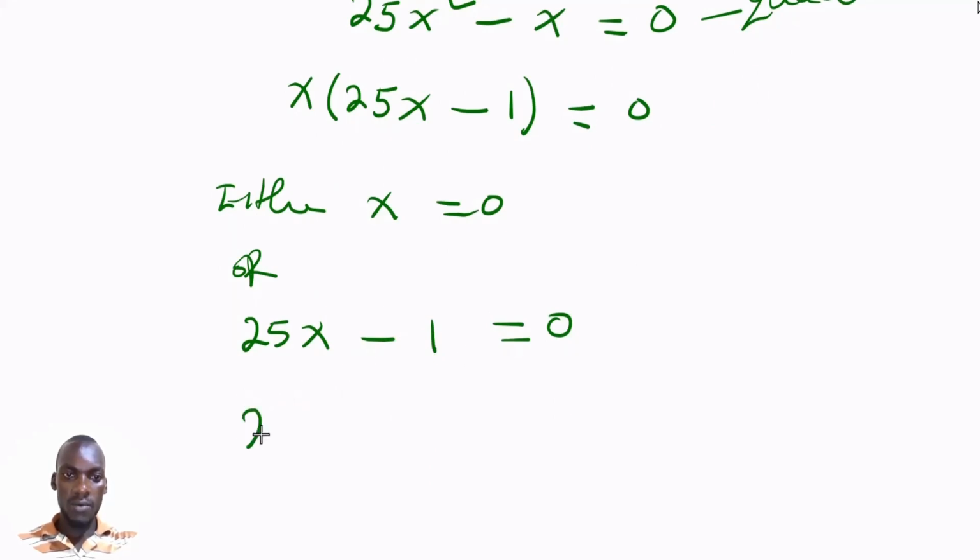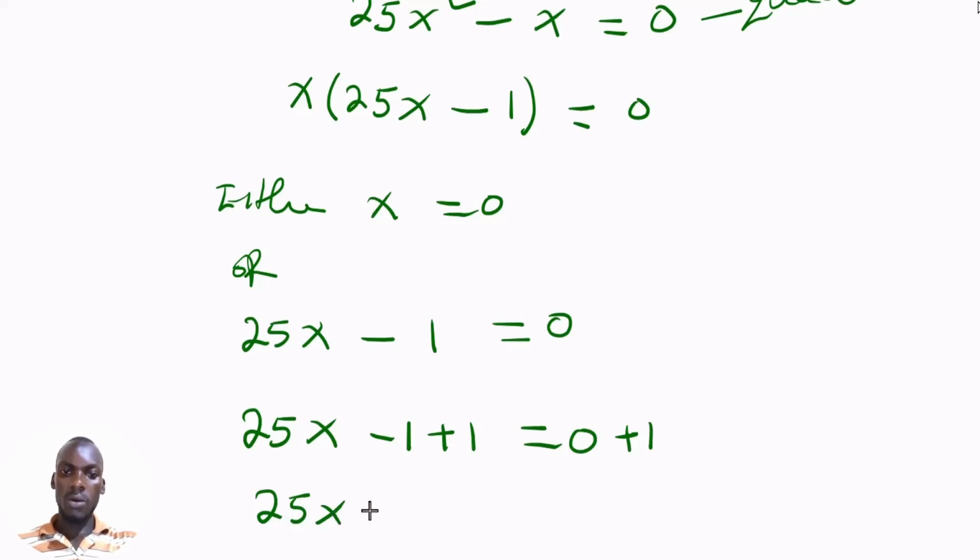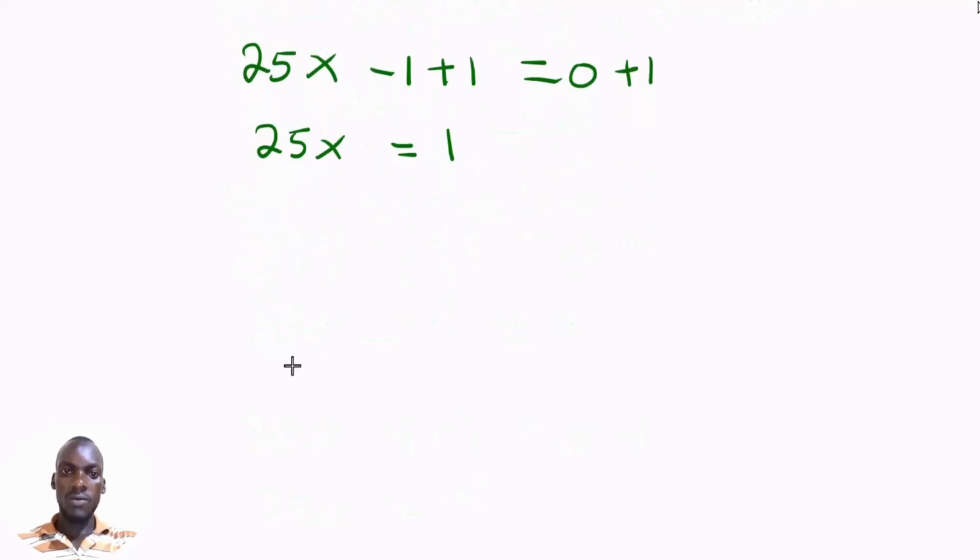So we have 25x on the left hand side, minus 1 plus 1, being equal to 0 plus 1, implying that we have 25x alone on the left hand side being equal to 1. To get the value of x, we simply divide through by 25.